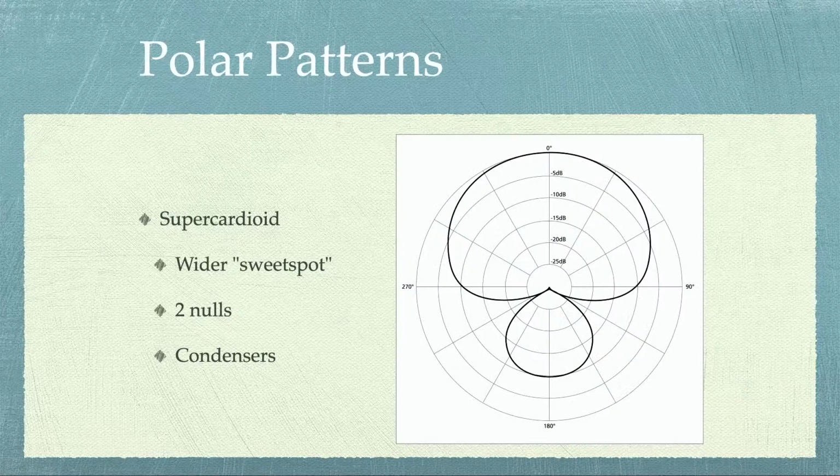If I give that vocalist a supercardioid microphone, I've now rejected both of those monitor speakers on stage. So in that situation, it's great because it rejects where the sound is coming at that I don't want. So again, right tool for the job. So not super popular, but when it's important, it really helps a lot.